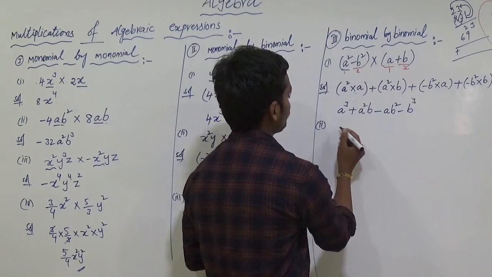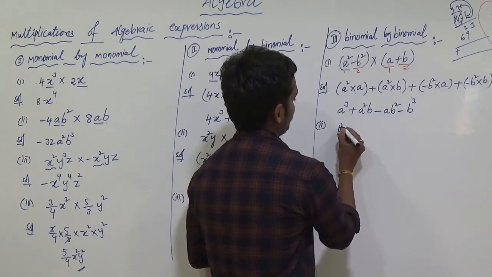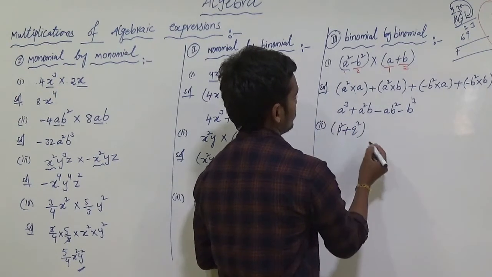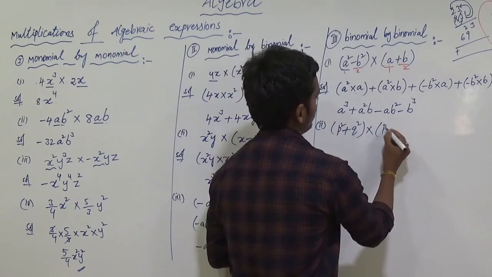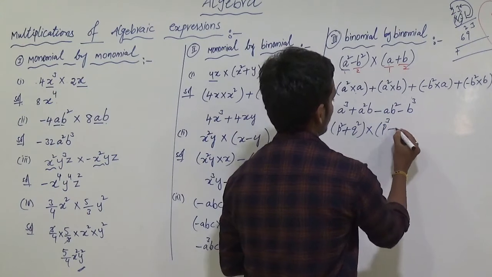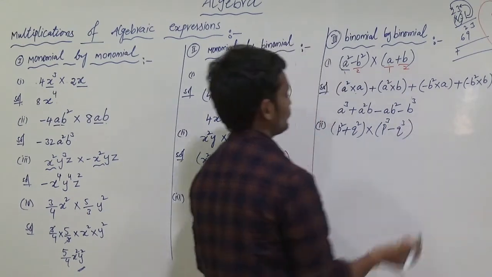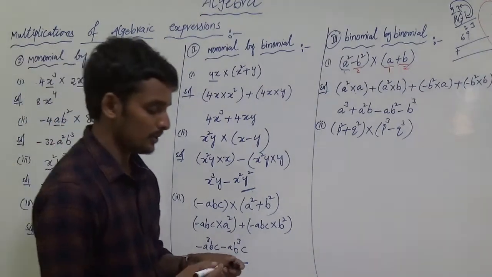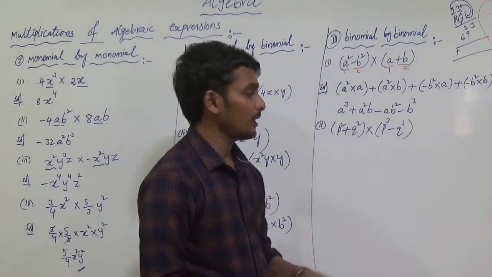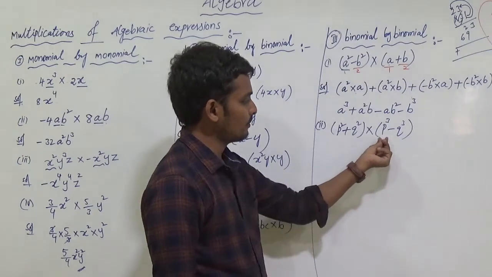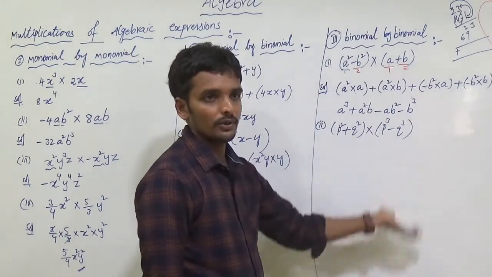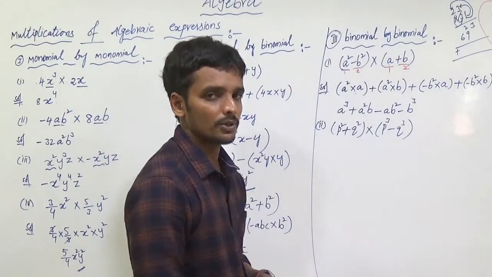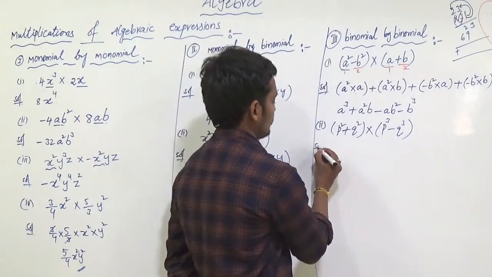Those are p square plus q square, which you should multiply with p cube minus q cube. p square plus q square into p cube minus q cube. This is binomial by binomial: first term, second term, first term, second term. So we can do the process. I think we already know how to do it. That is the solution.